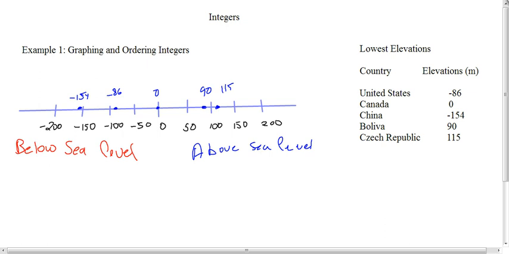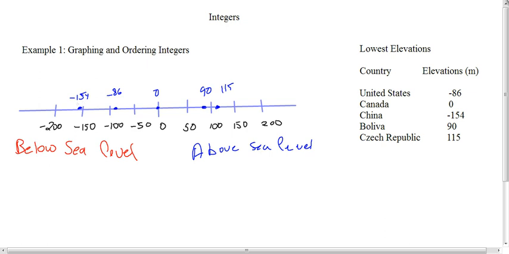So as we look, we see that China's elevation is even, would that be lower or higher than the United States? Of course, it will be lower because we're going to the left. The value is decreasing. So as we see 154, we see a negative 150, and then the negative 154 will fall to the left of that.